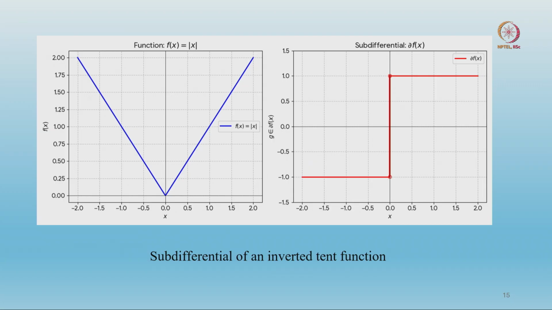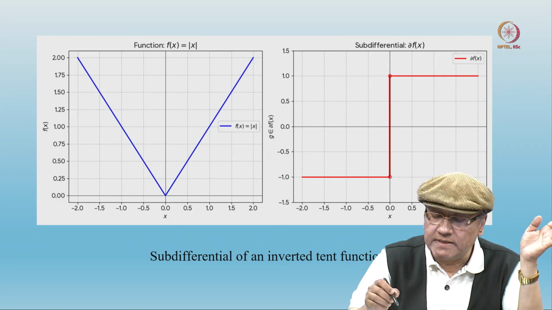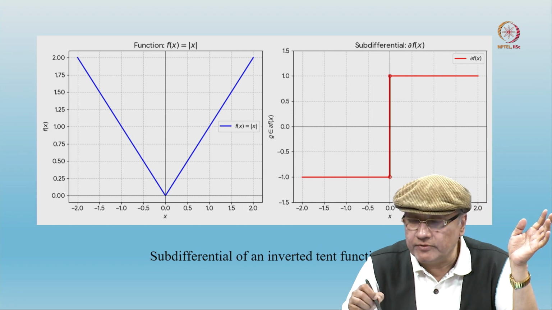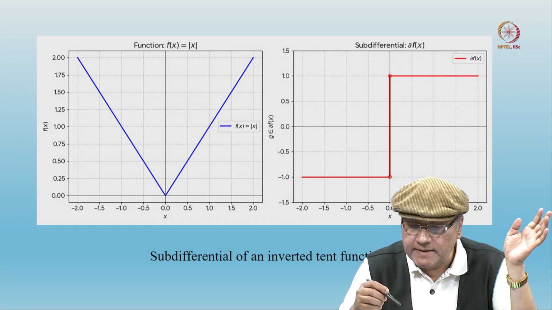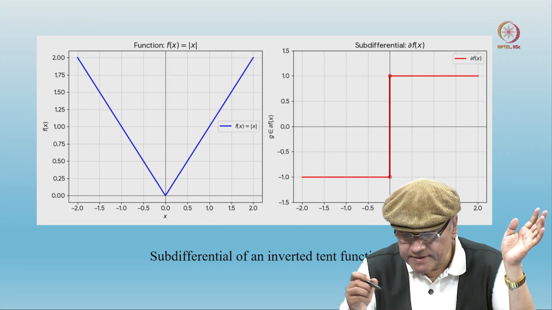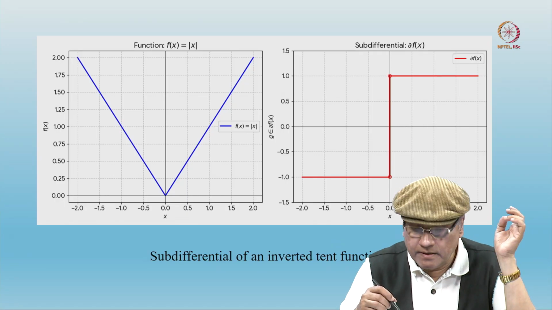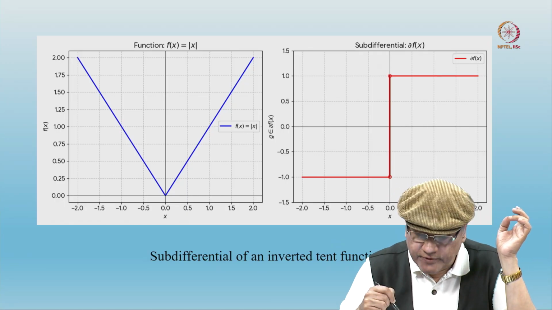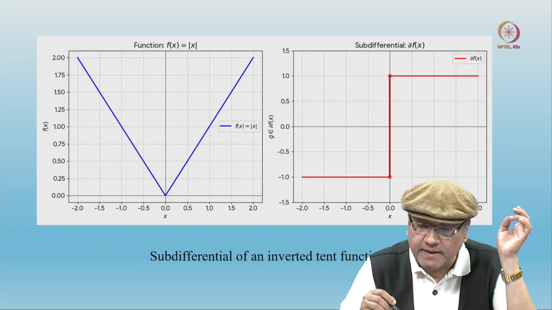Here we essentially have the diagram indicating f of x equal to modulus of x, and the subdifferential del f of x on the right, okay. You can see this darkened red vertical line at x equal to 0 taking values from g equal to -1 to +1.